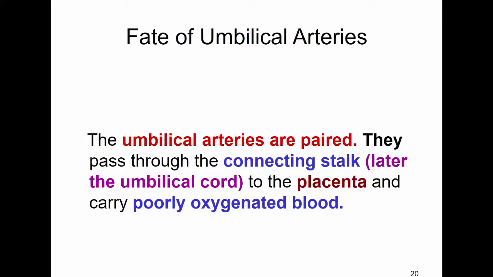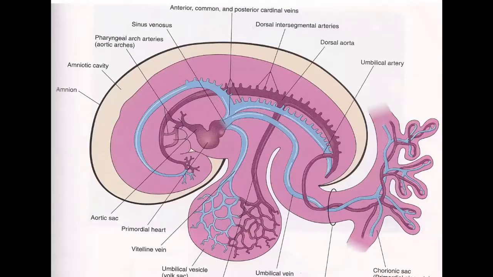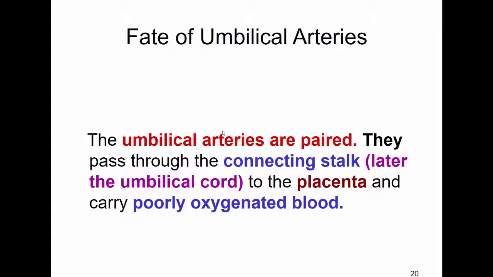Not completely deoxygenated, poorly oxygenated. So the umbilical arteries are a pair, right and left, and they carry poorly oxygenated blood from the embryo and the fetus to the placenta. Then it goes to the mother, where there is purification, and it comes back through the umbilical vein and comes here. Okay, so this is about the umbilical arteries.